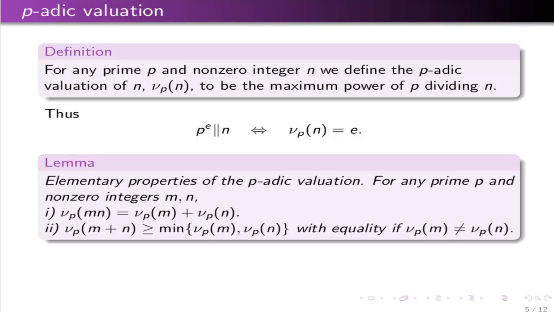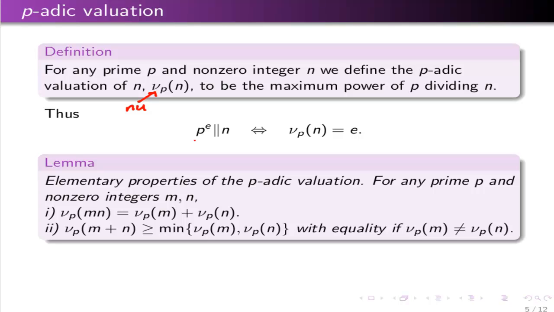P-adic evaluations. So fix a prime p and let n be any non-zero integer. So we define the p-adic valuation of n, denoted nu sub p of n. So that's the Greek letter nu right there, to be the maximum power of p dividing n.